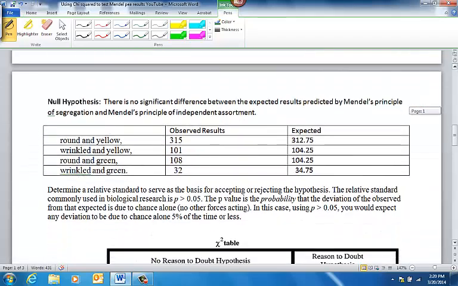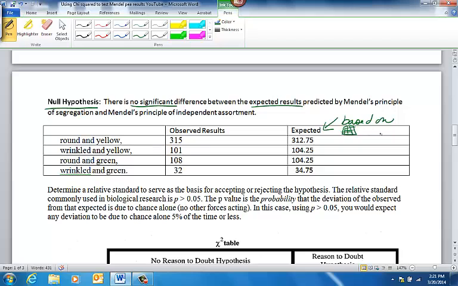So in chi-squared statistical tests, we are testing the null hypothesis that there is no significant difference between the expected results, which are over here, and this is based on the Punnett square, though ours was a dihybrid, so I'll draw 16 squares.